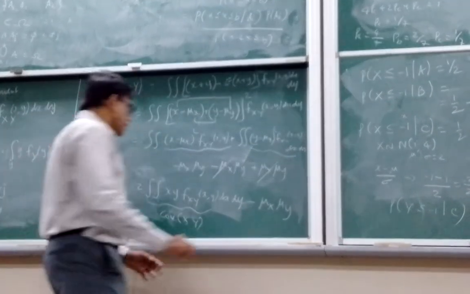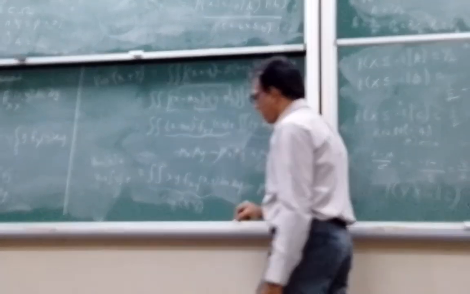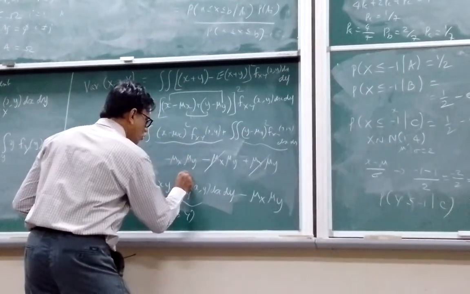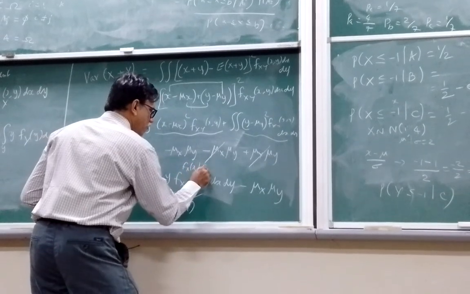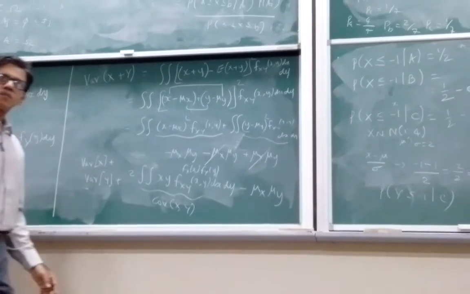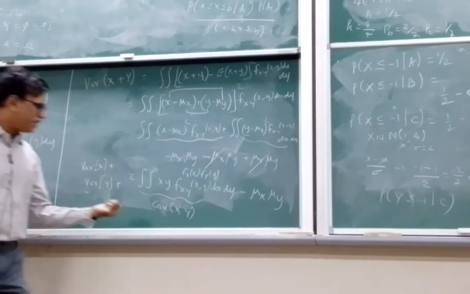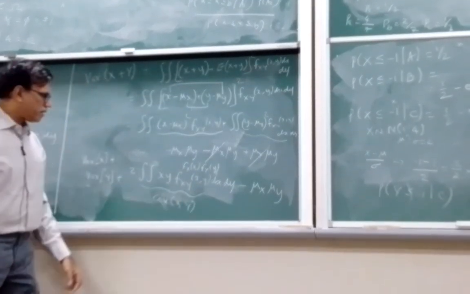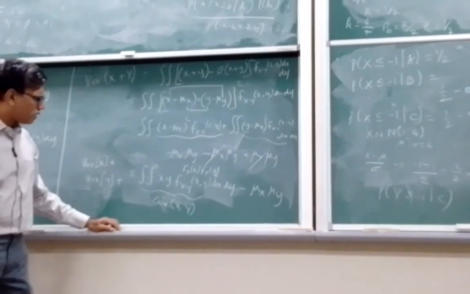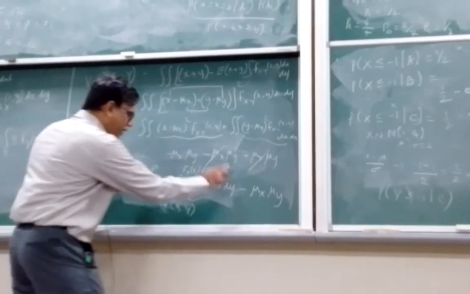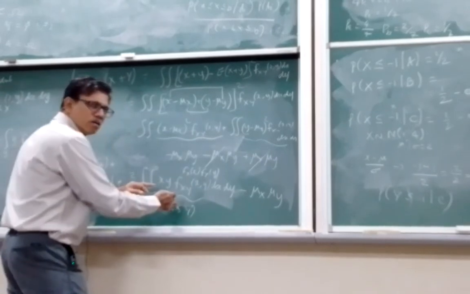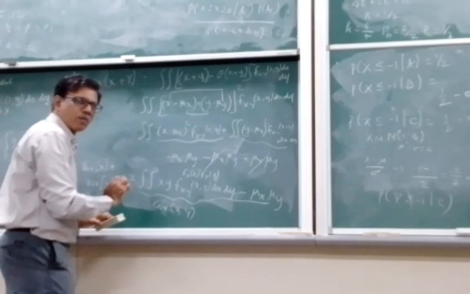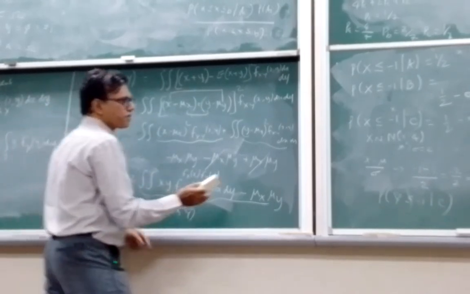Now, if x and y are independent, then this factorizes to fx of x and fy of y. And that we can separately take it out, and this factor separately take it out, and together this is the covariance of x and y.